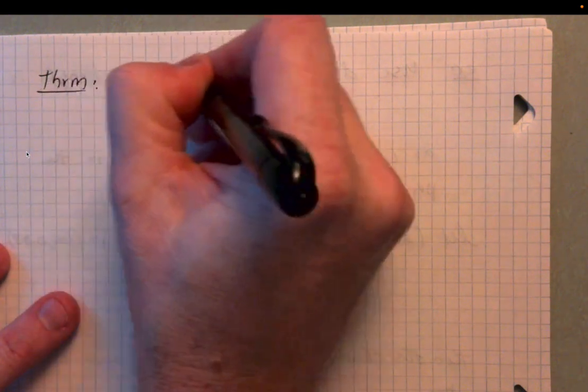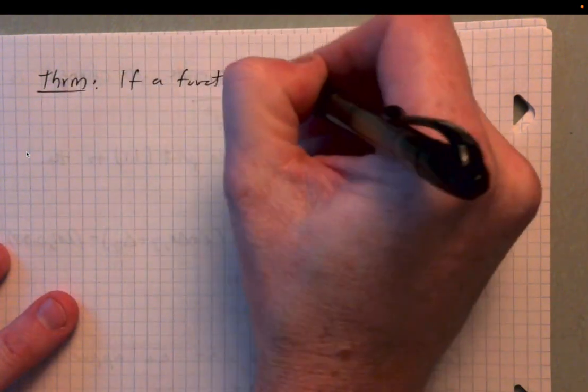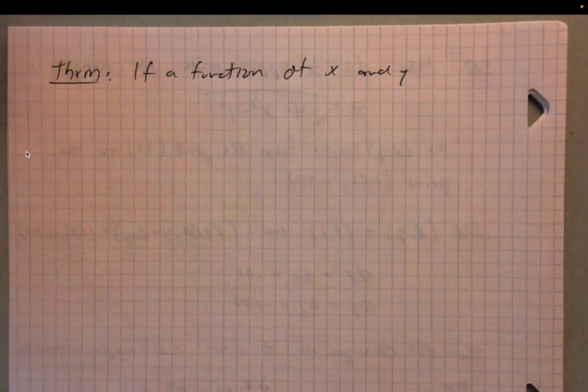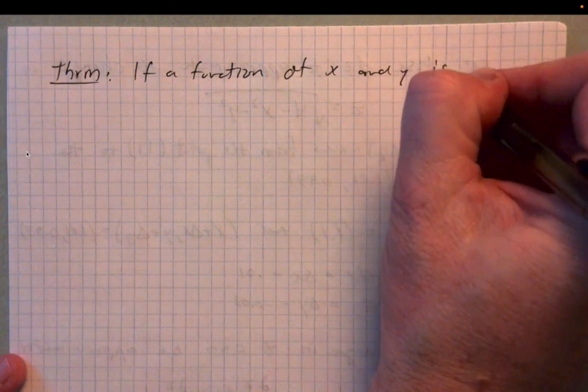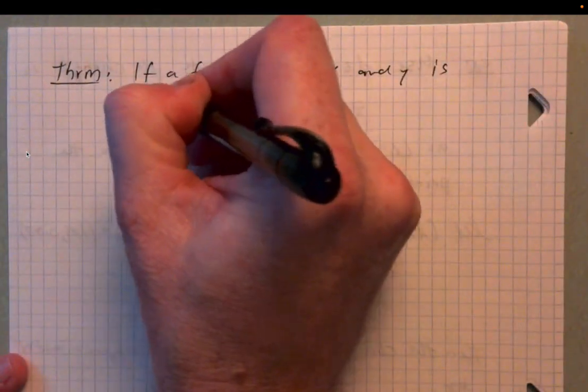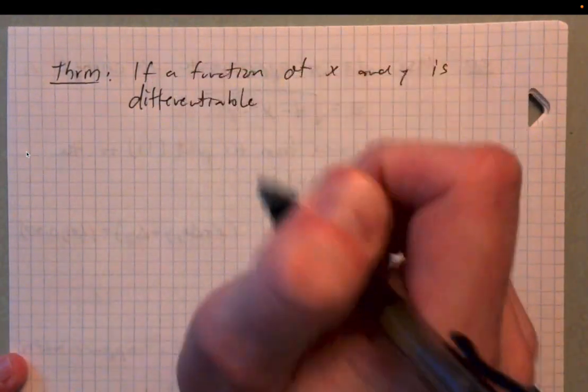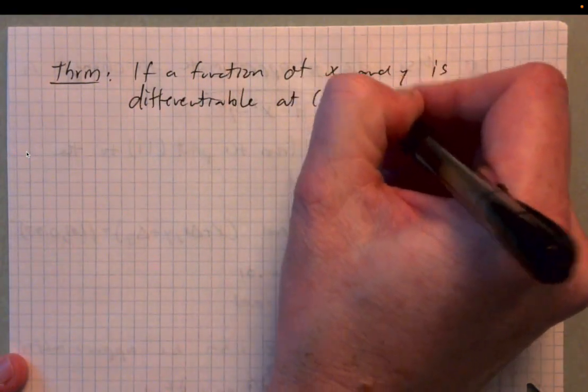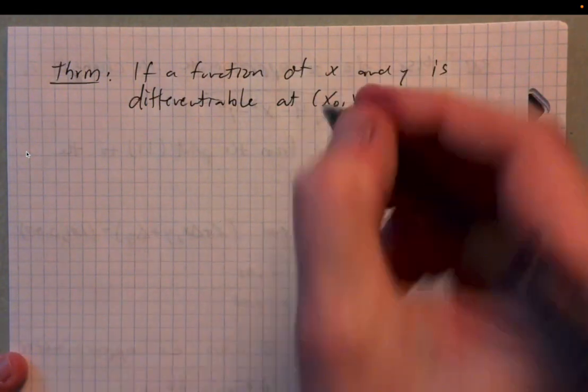Let's look at another theorem quick, and then we'll do a couple more examples. Here's another theorem, and we'll just state this and then talk about it. If a function of x and y is differentiable at some point x naught, y naught, then it is continuous at that point.